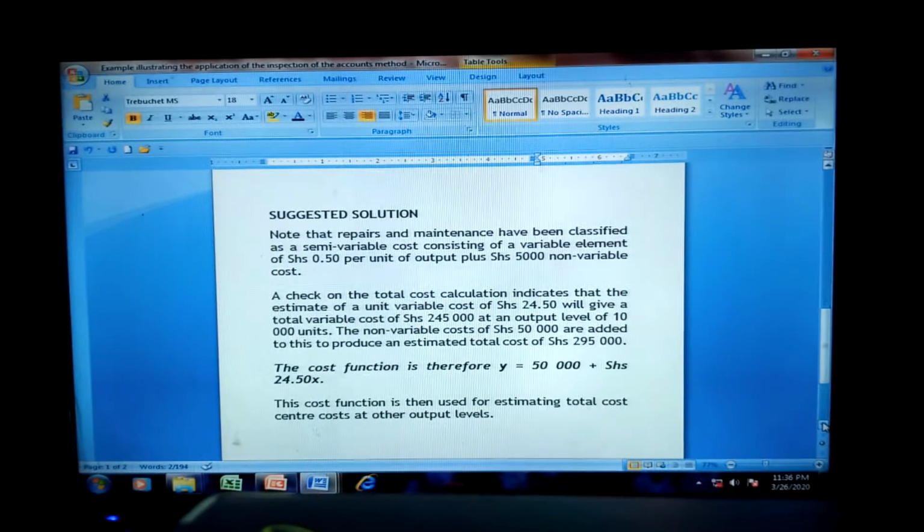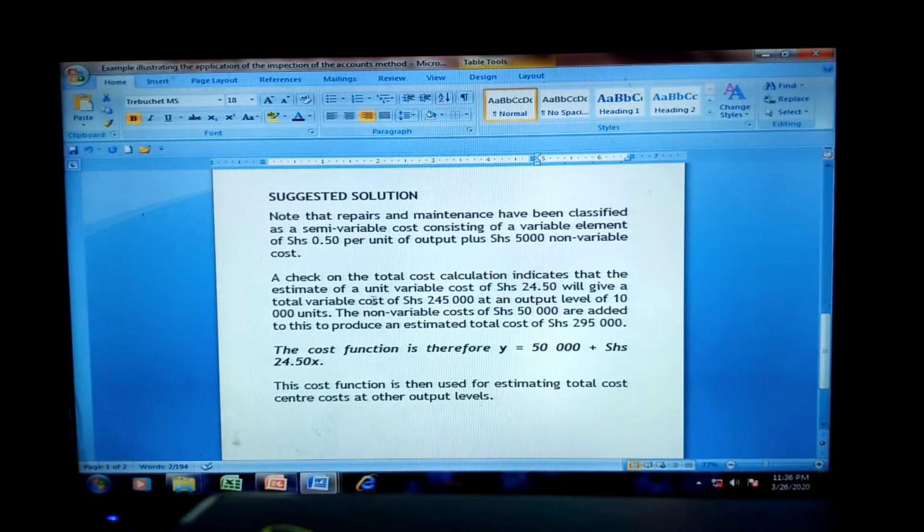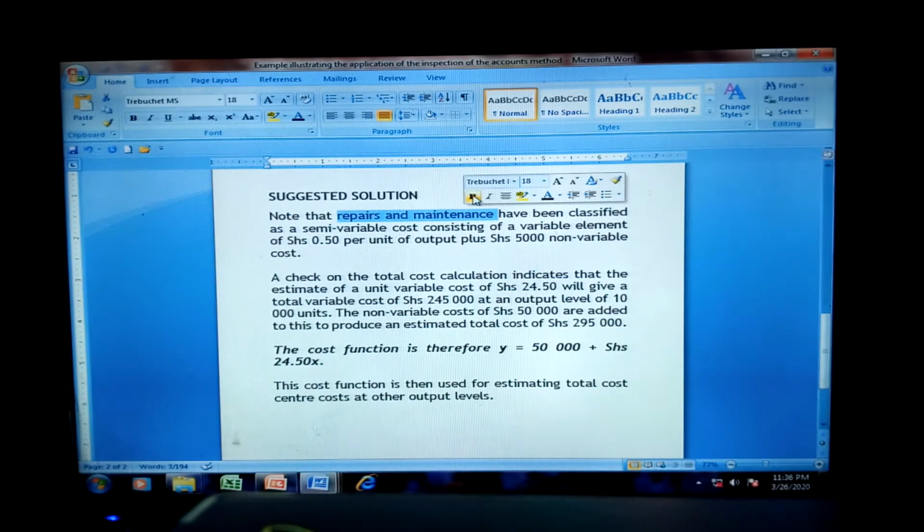Now this is our suggested solution. Repairs and maintenance have been classified as a semi-variable cost consisting of a variable element of shillings 0.5 per unit.